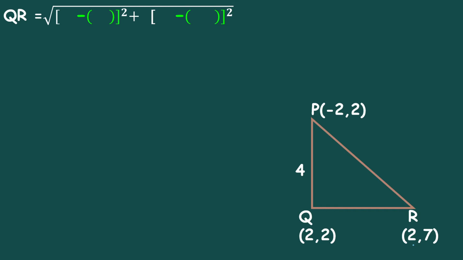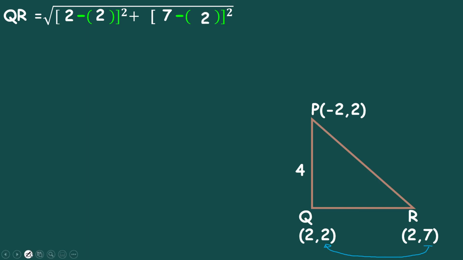Therefore QR is equal to root of x coordinate of point R is how much? 2, minus into bracket x coordinate of point Q is how much? 2, bracket square, plus. Now we take subtraction between their y coordinate. Y coordinate of point R is how much? 7, minus into bracket y coordinate of point Q is how much? 2, bracket complete square, bracket complete its square.